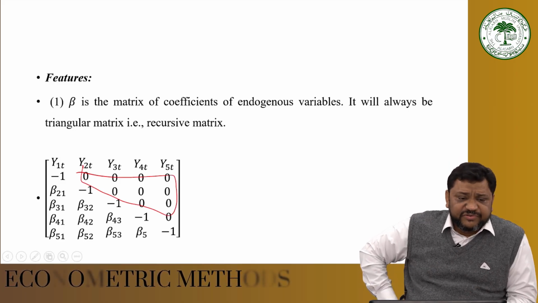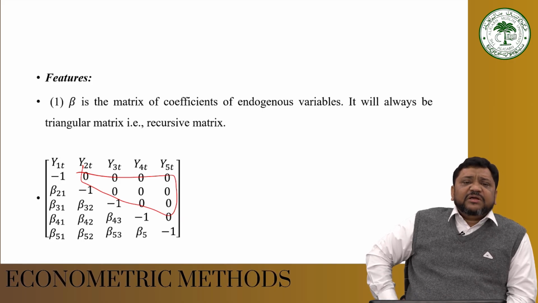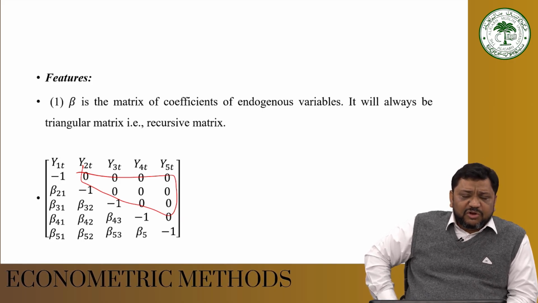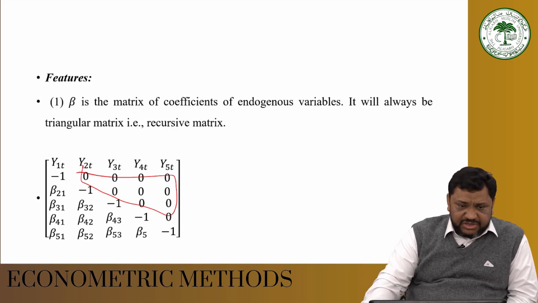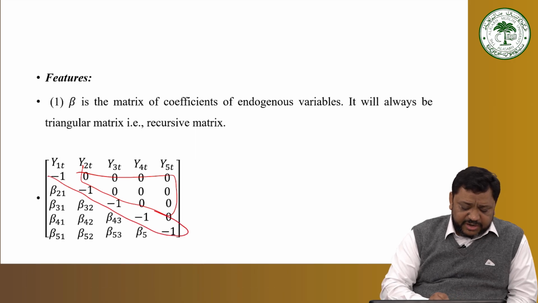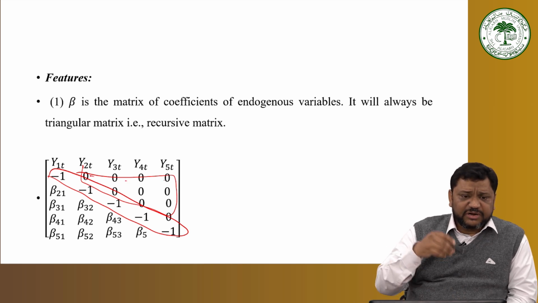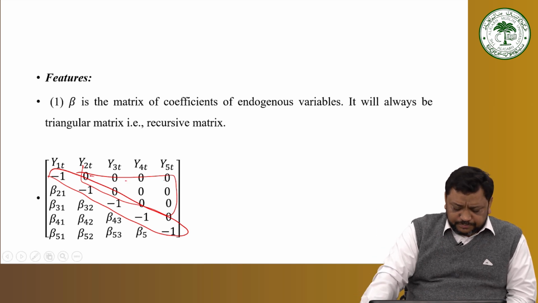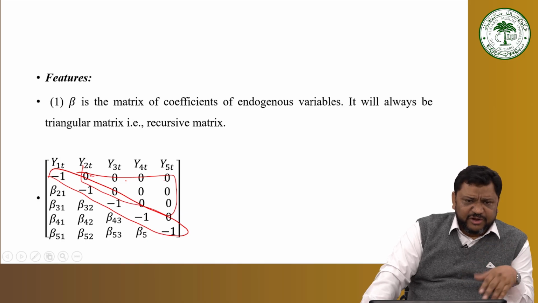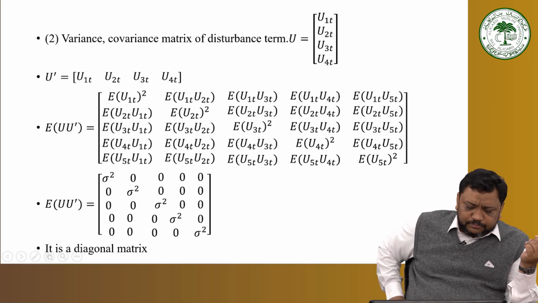As you can see in the matrix, we have non-zero elements only in the lower half, that is, beneath the diagonal elements. The diagonal elements are all -1, -1, -1, -1, and beneath we have beta 2,1 and beta 3,1. We don't have anything above the diagonal. So as we have seen, y2 is not influencing y1.